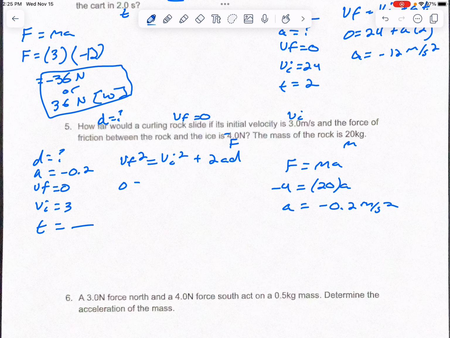So 0 equals 3 squared plus 2 times negative 0.2 times D. I bring that 3 squared over, it becomes negative 9 equals, and 2 times negative 0.2 is negative 0.4 D. Divide both sides by negative 0.4, and you get a distance of 22.5 meters.